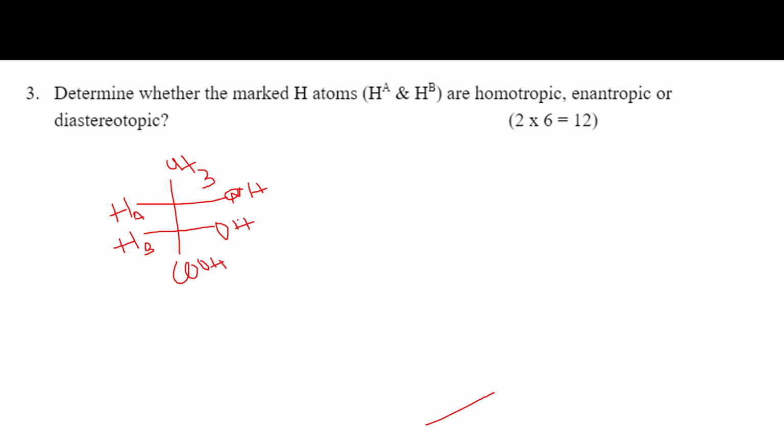So what are we doing? First we replace HA by fluorine. HB remains as H. So this one is COOH.